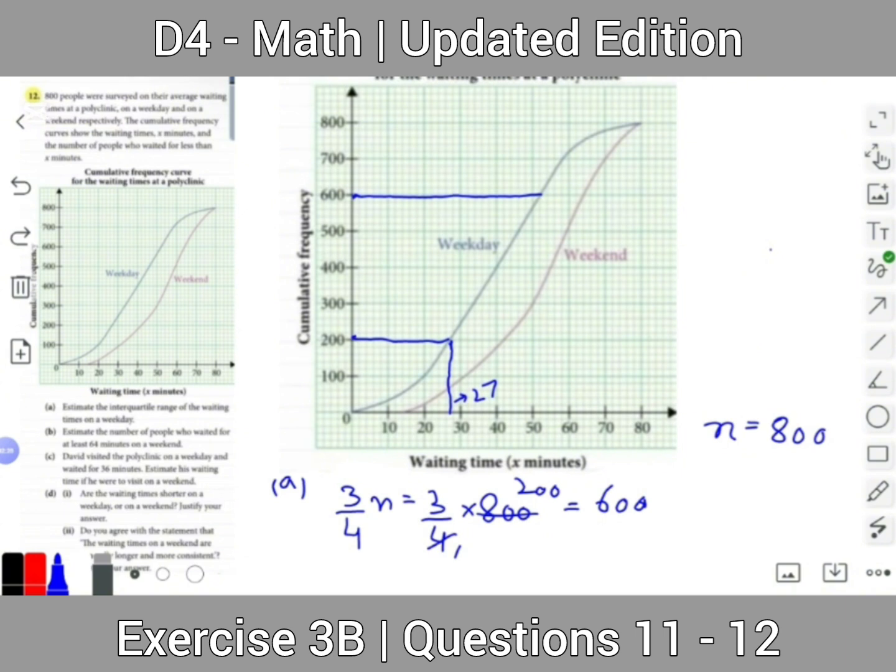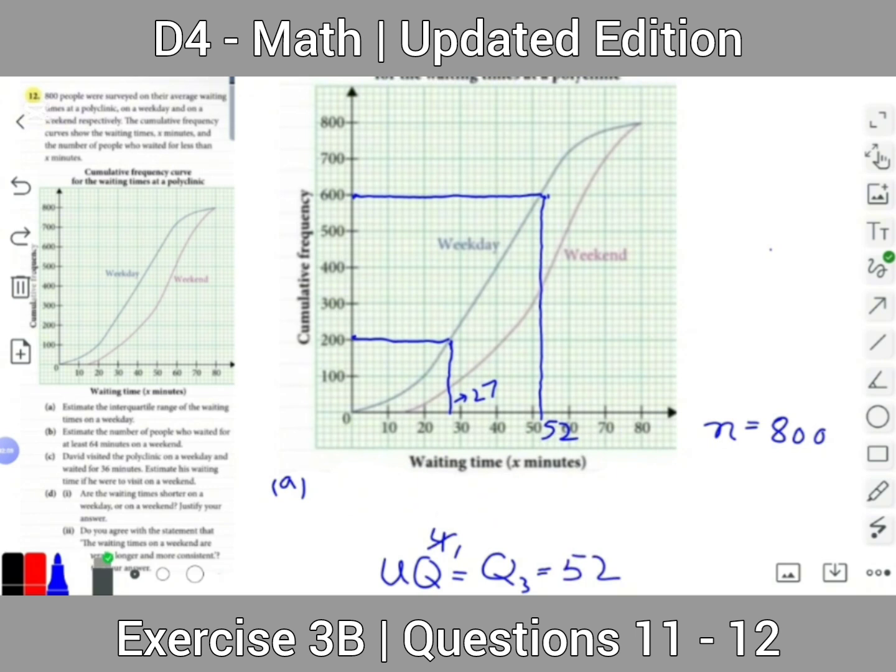And from the point of intersection on the curve we will draw a vertical line until it touches the horizontal axis, where after 50 we have 52. So here the value is 52. So the estimated value of the upper quartile Q3 from the cumulative frequency curve representing the weekday is equal to 52.